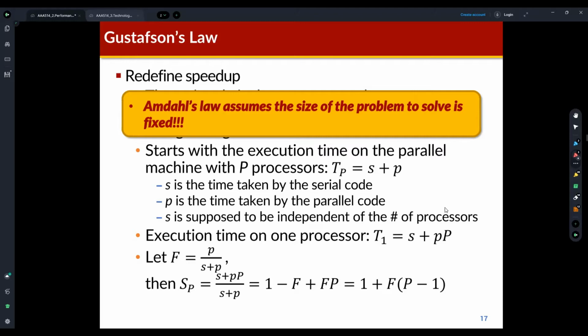Actually, in a research paper, you need to compare the performance of the enhanced system with the baseline system. But based on some assumption, that means an assumption about problem size or workload, your result can be different.